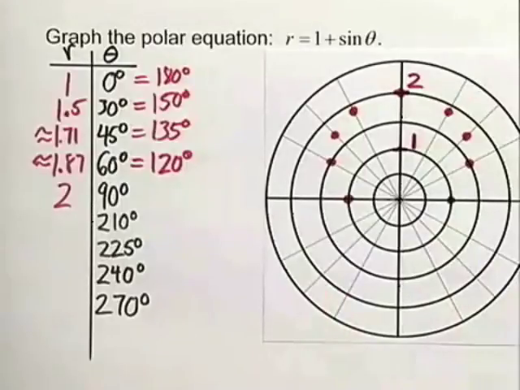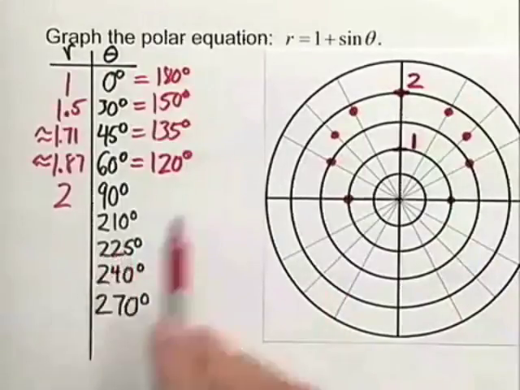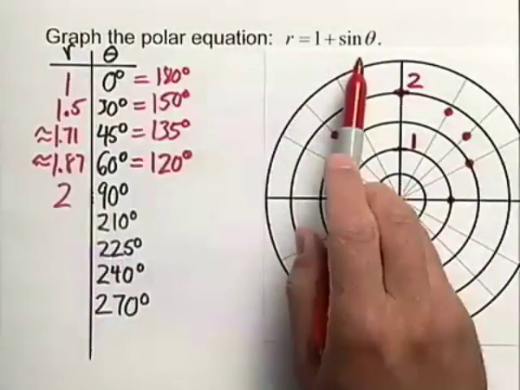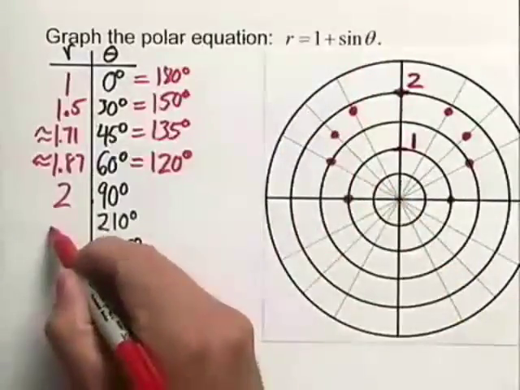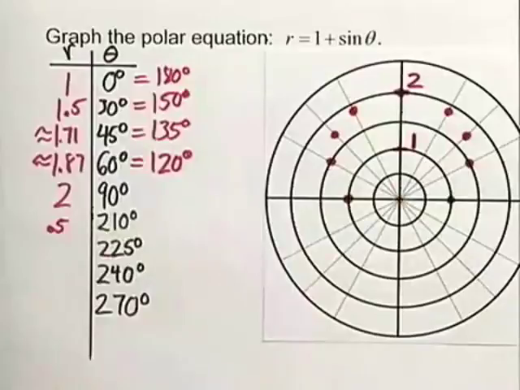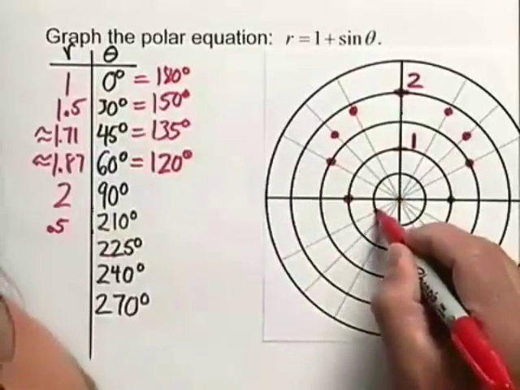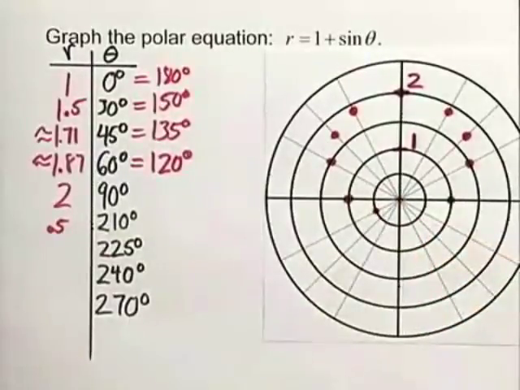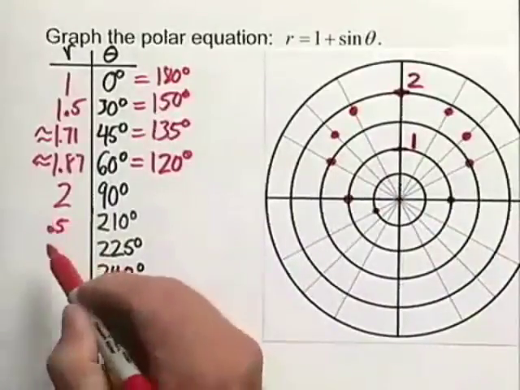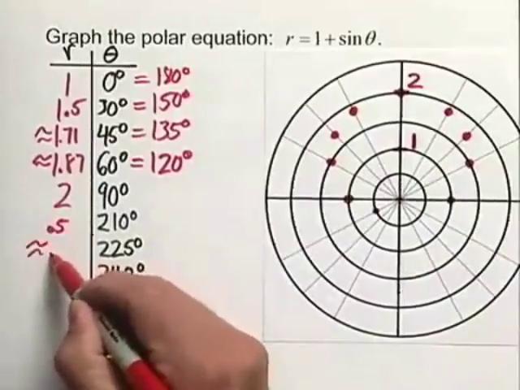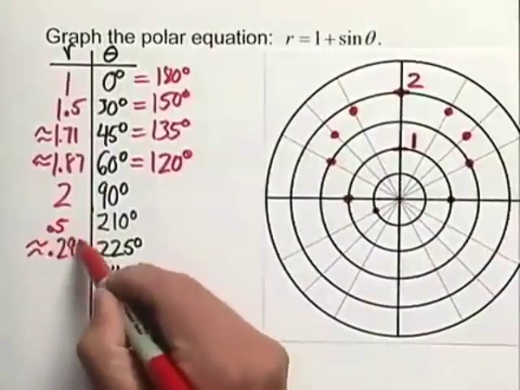When we're down here at 210, we're going to have r is equal to 1 plus the sine of 210. That's going to give us a smaller value of 0.5 here. So that's half the distance of 1, so we're looking at a point something like that. When we get to 225, we're going to have an approximate number of 0.293.